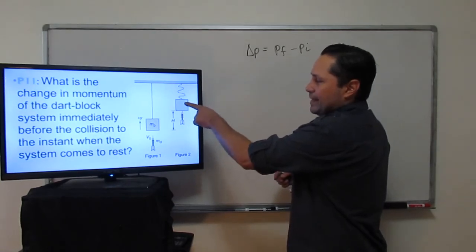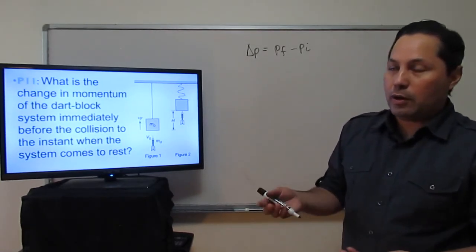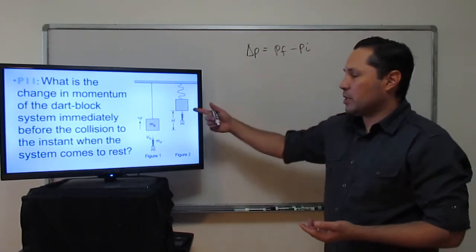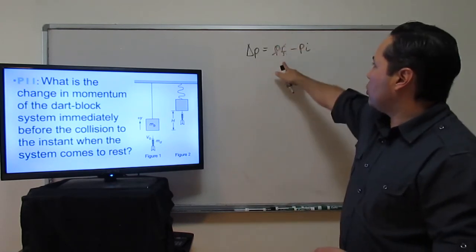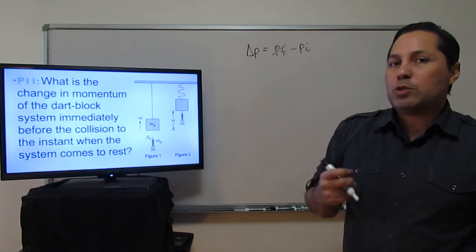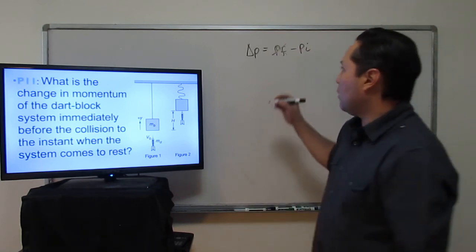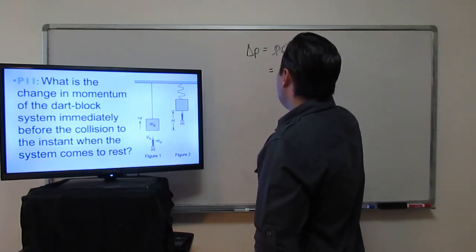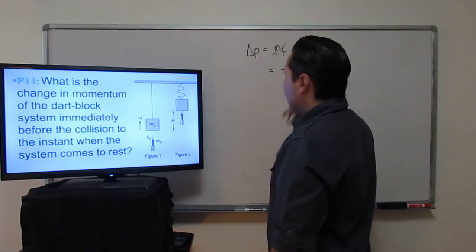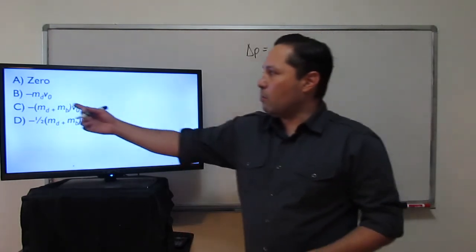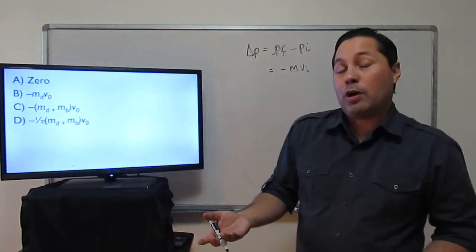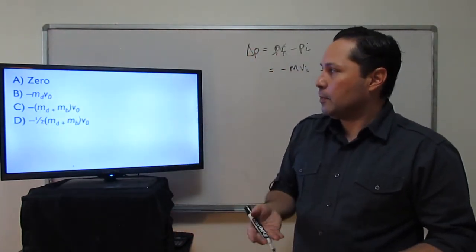What is the velocity at the end of the collision? The answer is the velocity is 0. It's got no momentum. So all you need is the momentum initial to solve for this problem. And momentum is mass times velocity, and there you have it. So that's really what you're looking for. Mass times velocity. The answer for the problem is letter B.